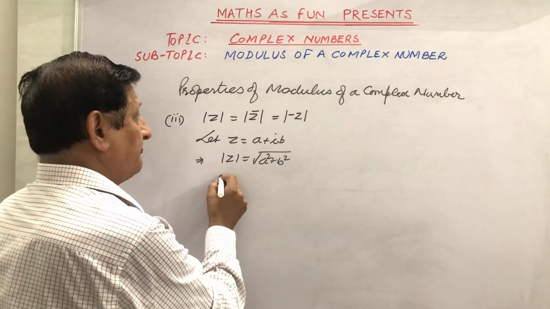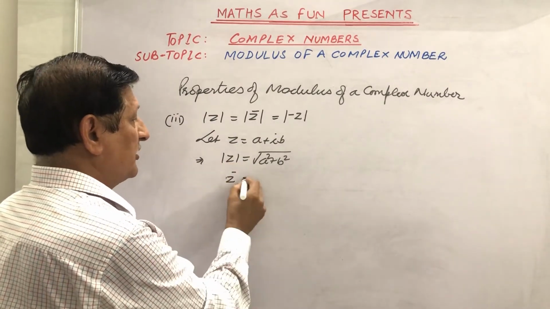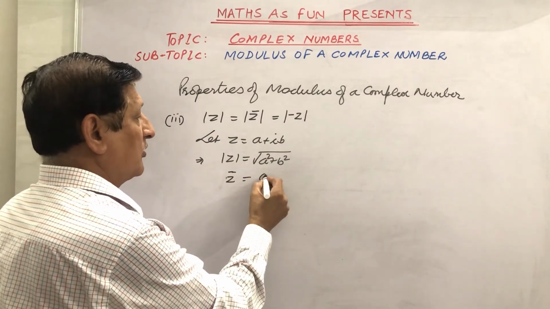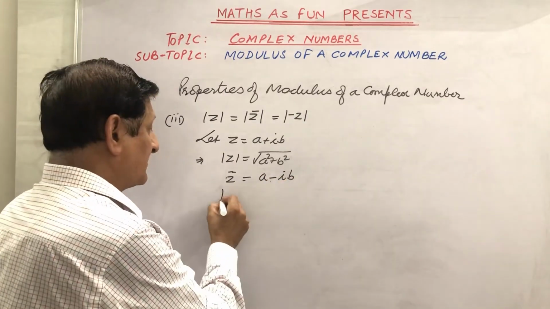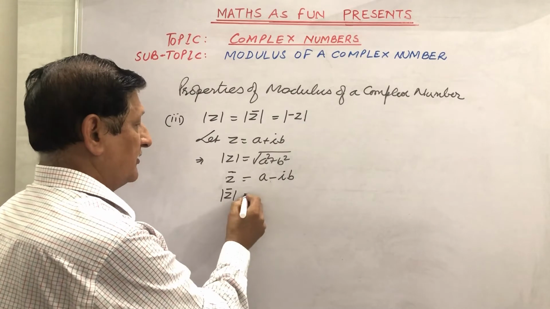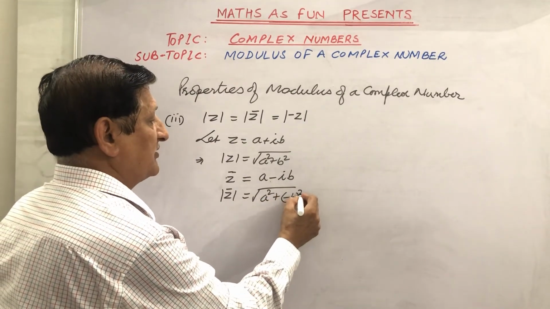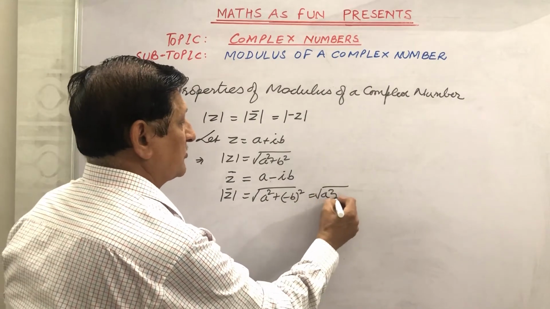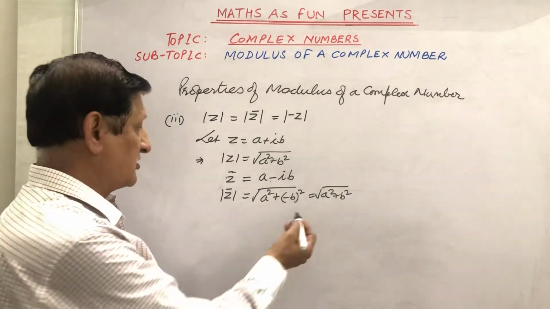We also know that z bar, conjugate of z, is equal to a minus iota b. Then what is the modulus of z bar? That will be root of a square plus minus b square, which is equal to root of a square plus b square. And this is same as this.